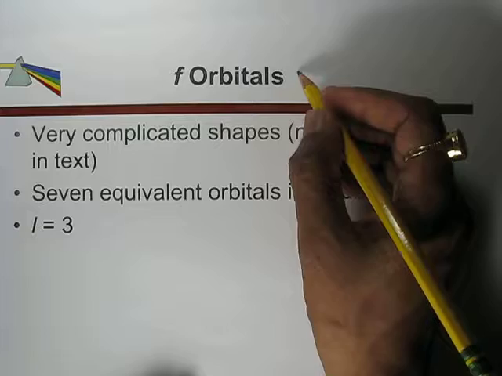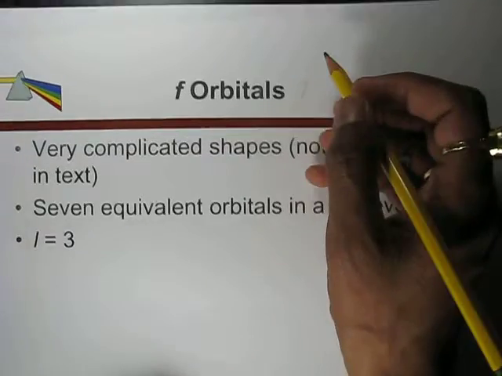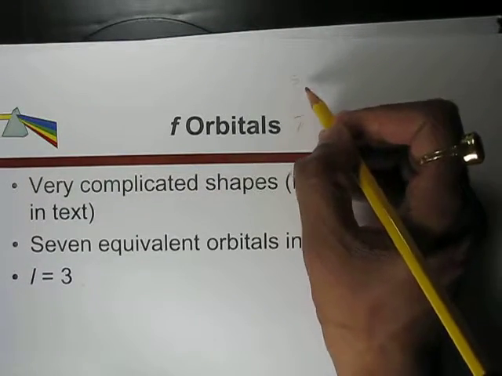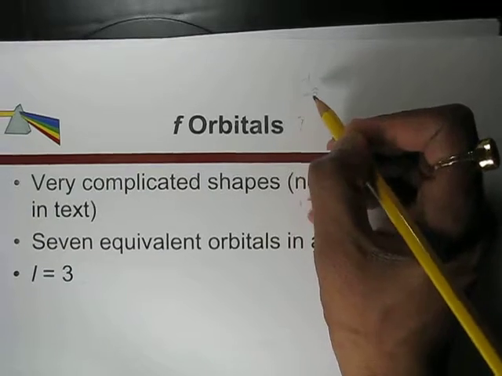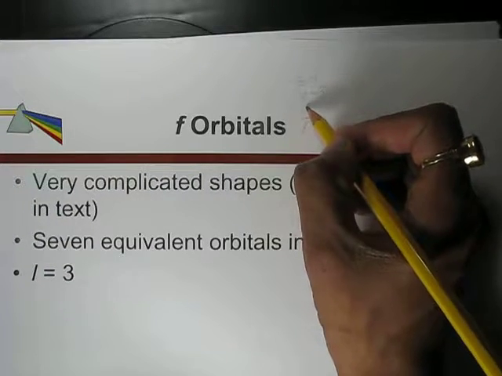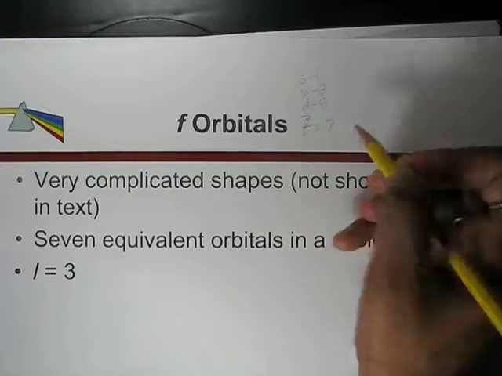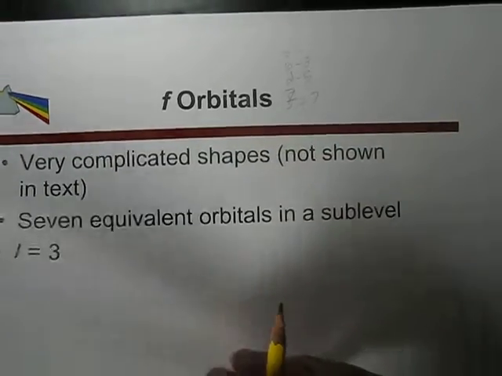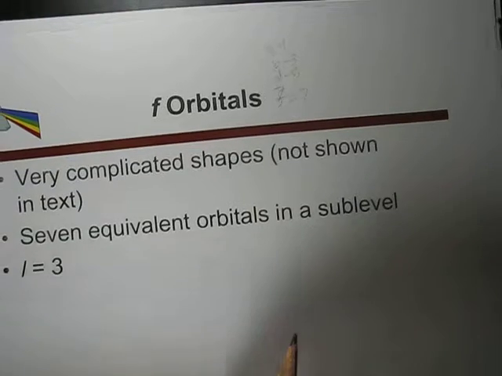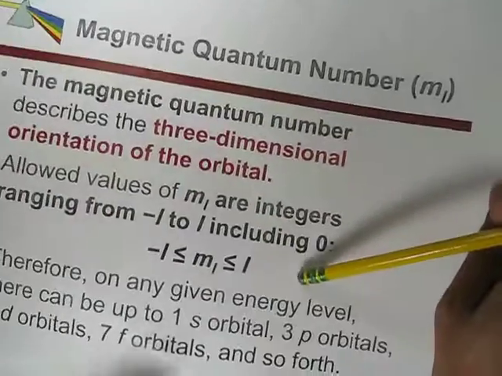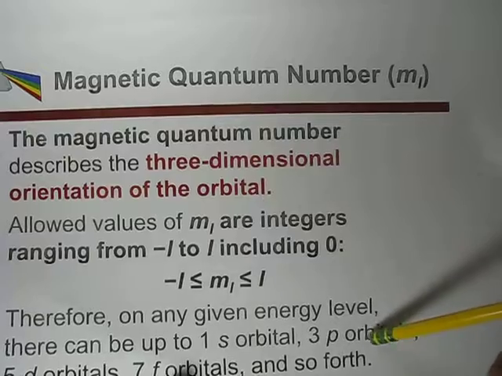So there will be 7 f orbitals: s orbital is 1, p orbitals are 3, d orbitals are 5, and f orbitals are 7.